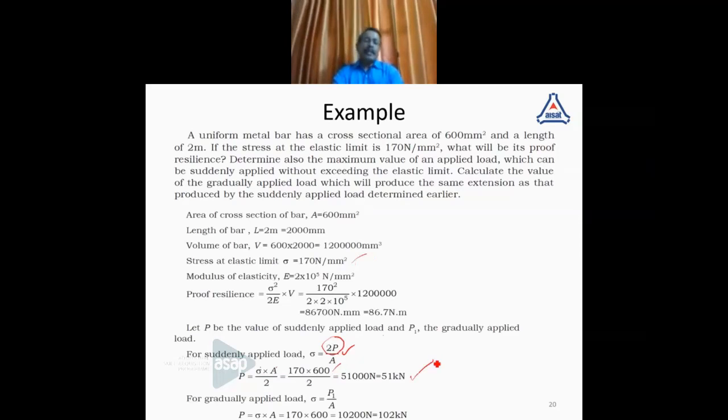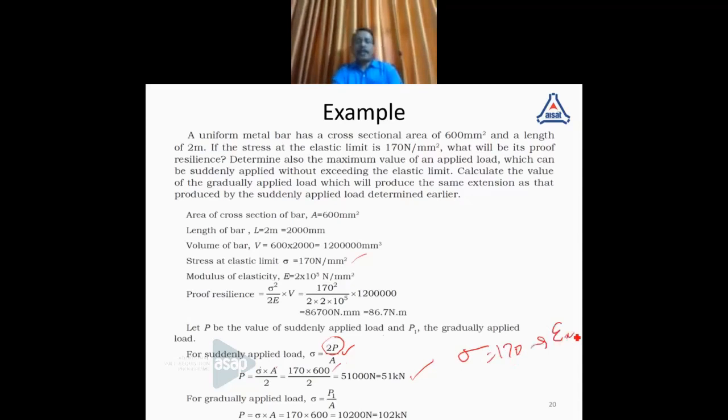And if this suddenly applied load produces a stress of sigma equal to 170, it produces an extension or a strain of epsilon x. And we want the same extension or same strain to happen when the gradually applied load is given.